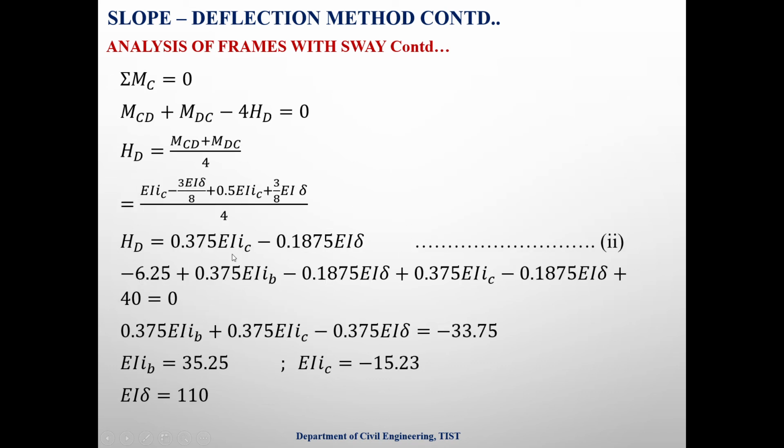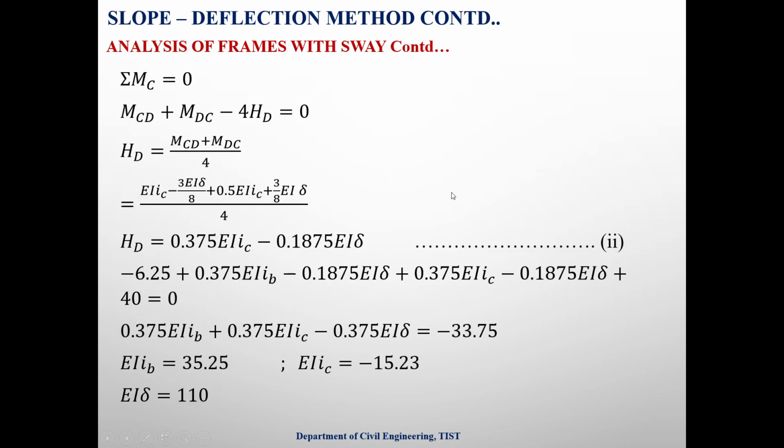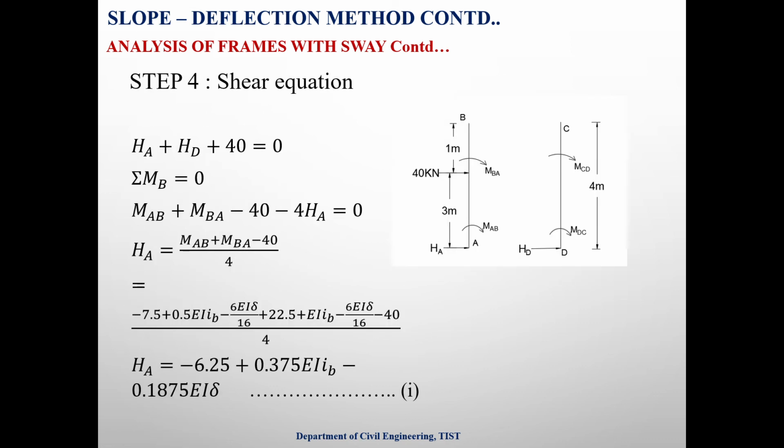Then we will get the equation of HD. After getting HA and HD, consider sigma Fx is equal to 0. That means HA plus HD plus 40 is equal to 0. Substituting the values of HA and HD there, we will get the shear equation.